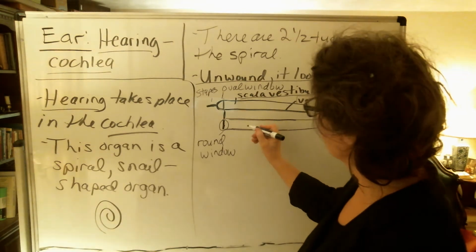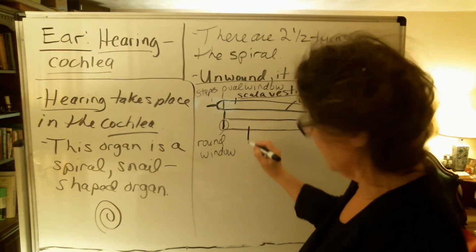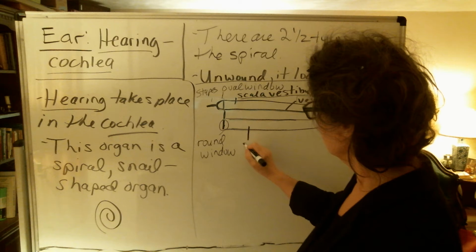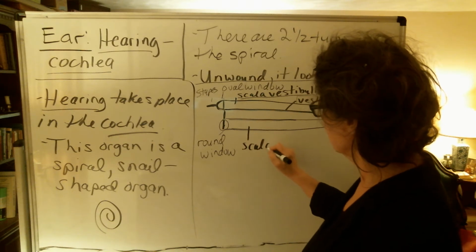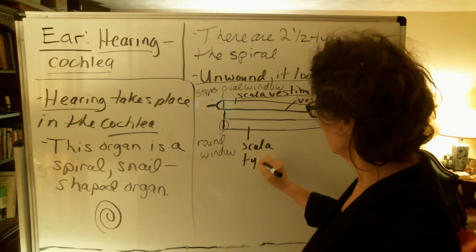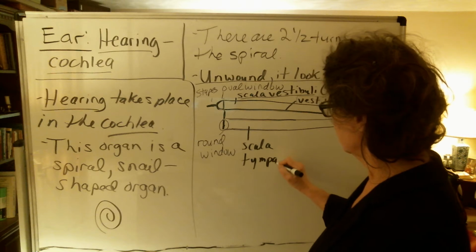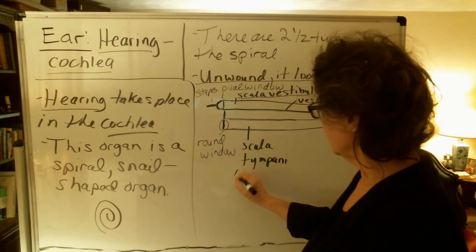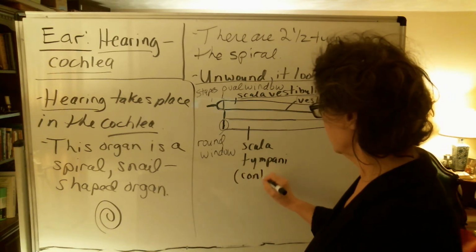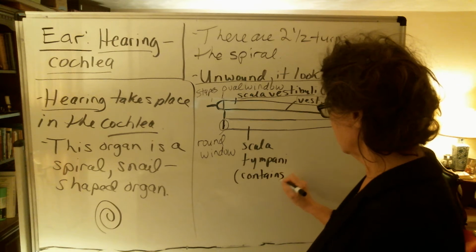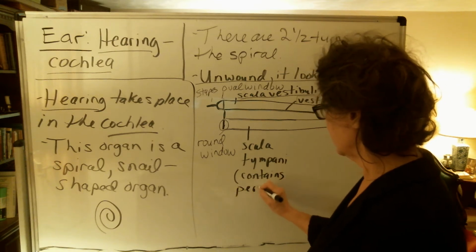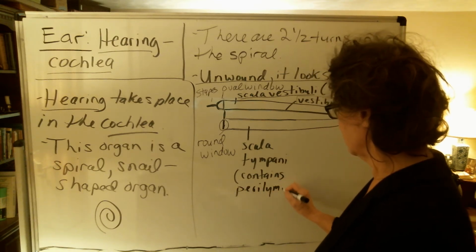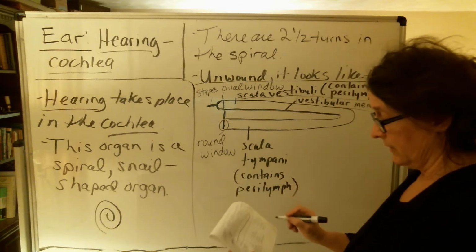Then down here, this other open area, this is the scala tympani, which also contains perilymph.